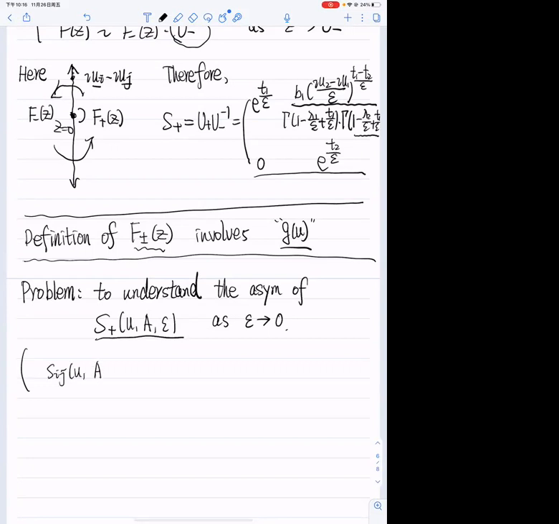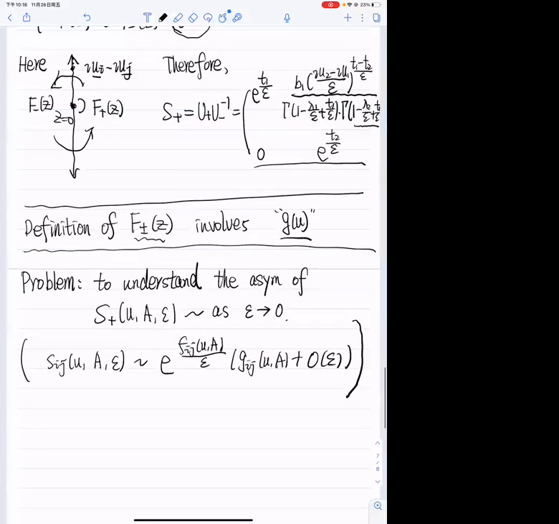The problem is to prove that actually it has the following WKB type expansion, which is simply an exponential type expansion for generic U and A, plus some lower terms in epsilon.